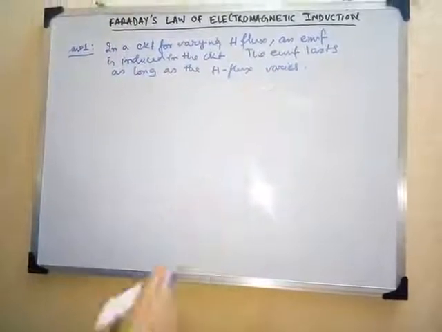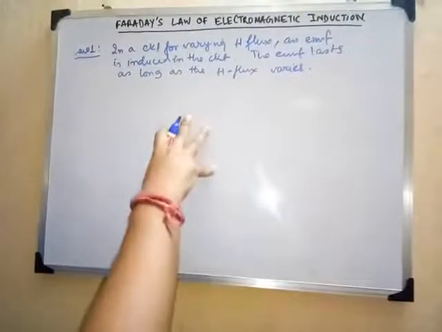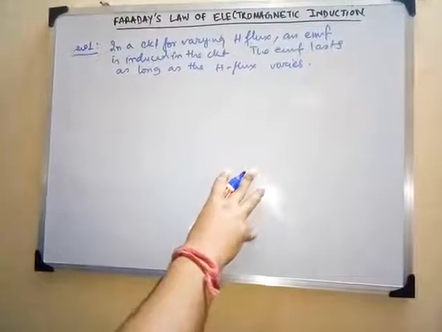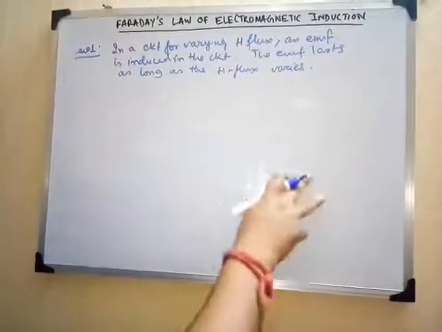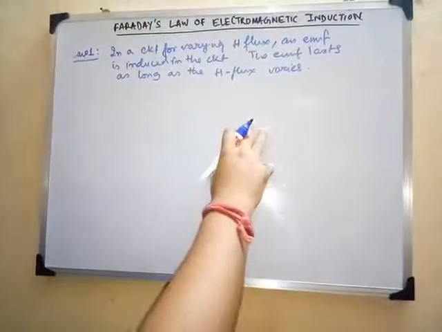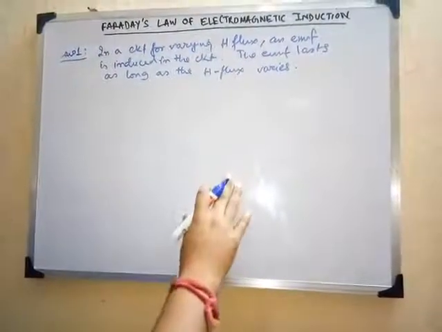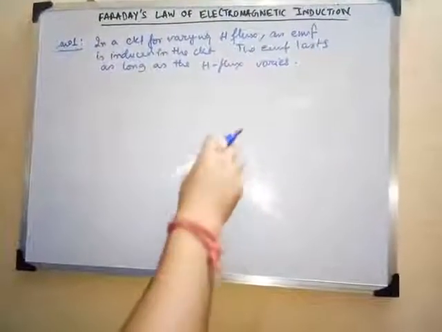So what this law states is that if you are having any kind of circuit and within the circuit some current is passing, that means we are talking about a time varying current passing through a circuit. Then some magnetic flux will be generated, and this magnetic flux will also vary, since we are considering alternating current.